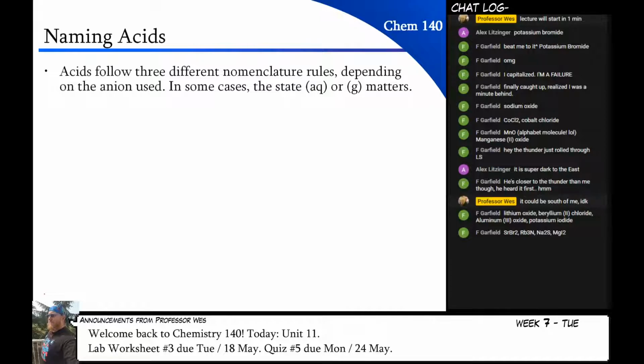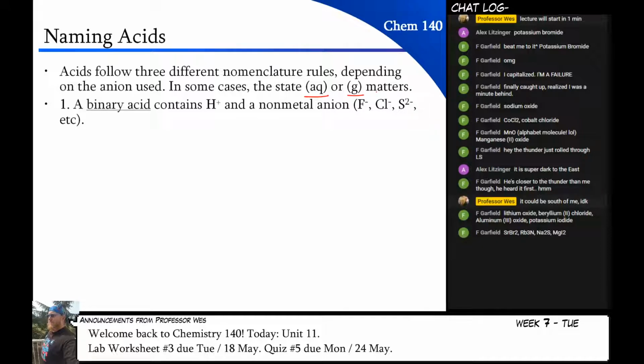There is something to note about the state of acids. Acids can be dissolved in water. They would be aqueous, or they could be gaseous. If our acid is a binary acid, then the state matters, and in the other cases, it generally doesn't.